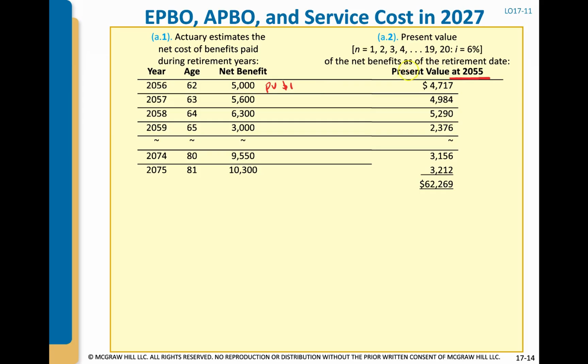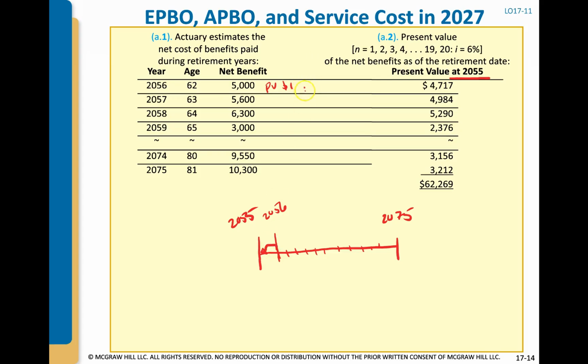Here's my timeline. Let's say this is 2055 and this is 2075, because they're going to be retired for 20 years, right? So pretend this is 20 little things. So in 2056, right here, we have to present value this $5,000 back to 2055.